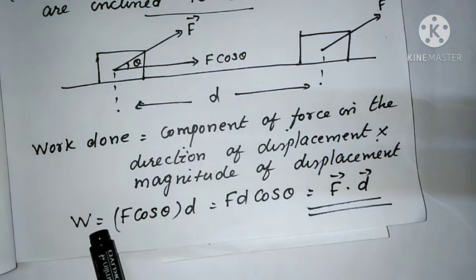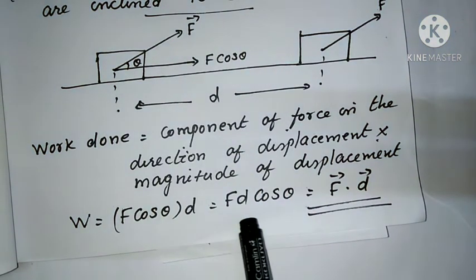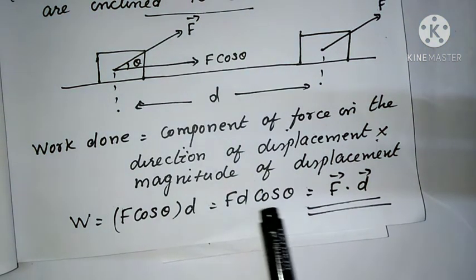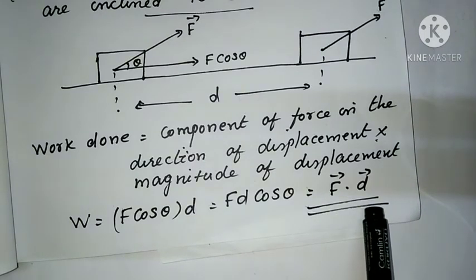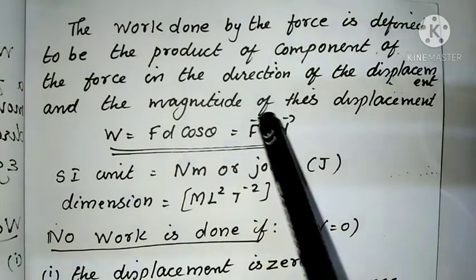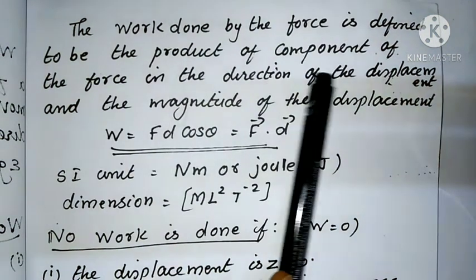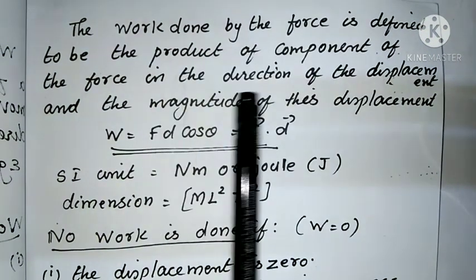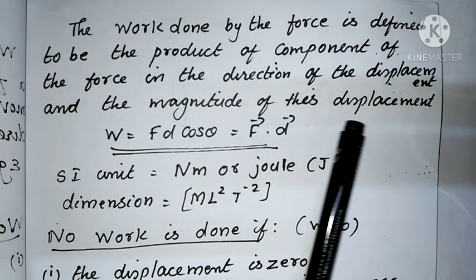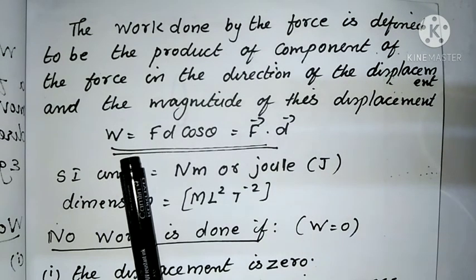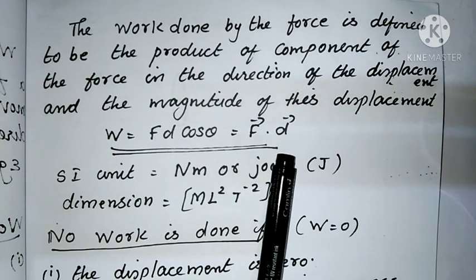That is W equal to F cos theta times d, which is equal to F d cos theta. In vector form, we can write F vector dot d vector. Clear? So, work done by the force is defined to be the product of the component of the force in the direction of the displacement and the magnitude of the displacement, that is W equal to F d cos theta equal to F vector dot d vector.